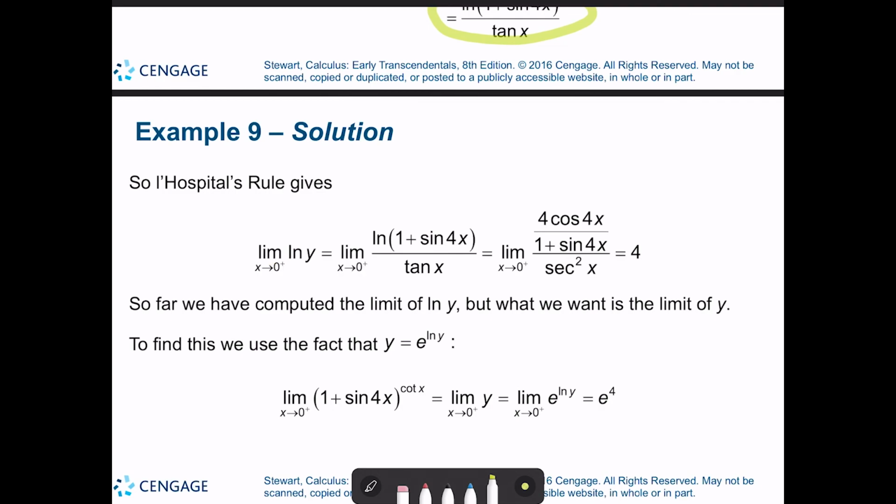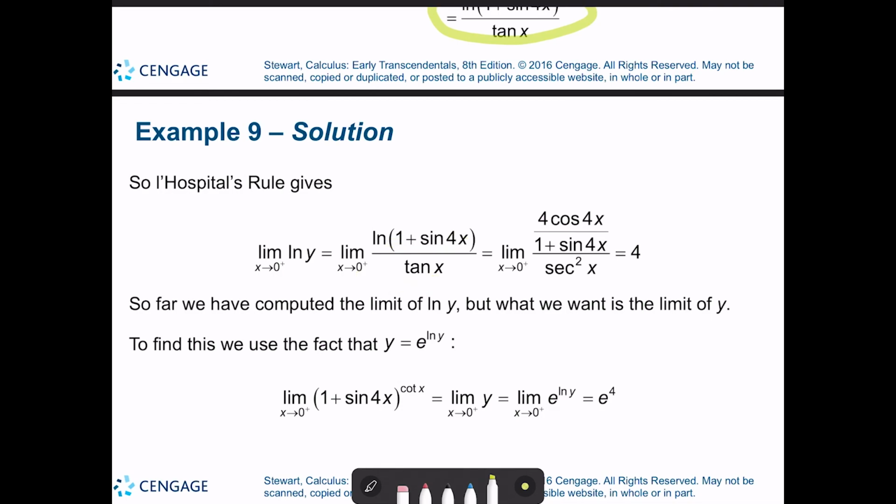The right-hand side of the equation is of the form, let's see, the tangent of 0, that's 0, and the sine of 4 times 0, that's 0. So we've got the natural log of 1, which is 0. So we have 0 over 0, indeterminate form.